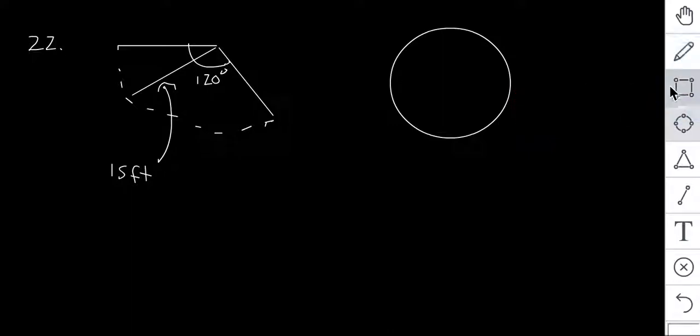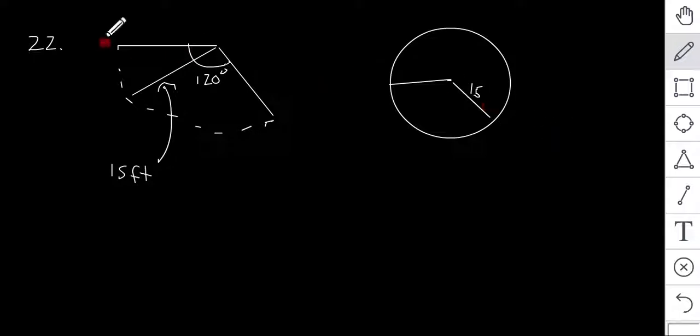If you think of it as just being a piece of your circle, I'm just going to do my little angle inside of this circle. So I'm going to make it out here like this, over here like this, and the radius is this line that they're drawing right here. It's 15. So the radius is going to be 15.